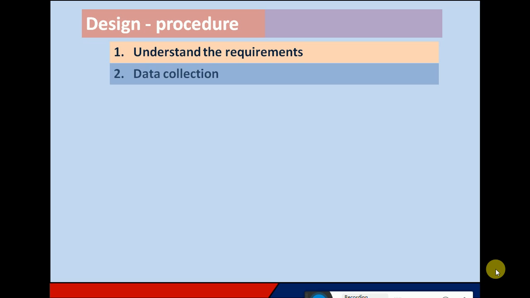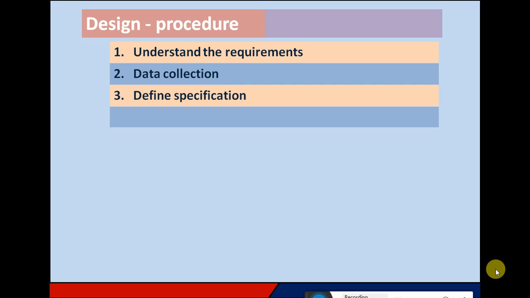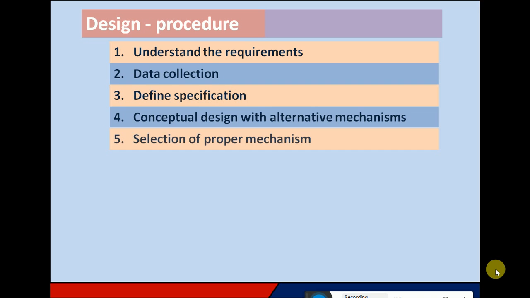Now we will see the stepwise procedure for design. First, understand the requirements. Second, data collection. Third, specification. Fourth, conceptual design with alternative mechanisms. Fifth, selection of proper mechanism.